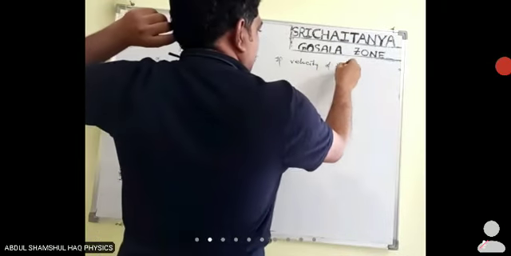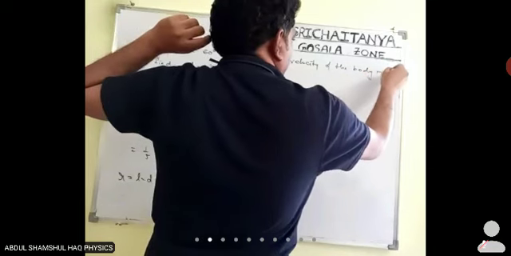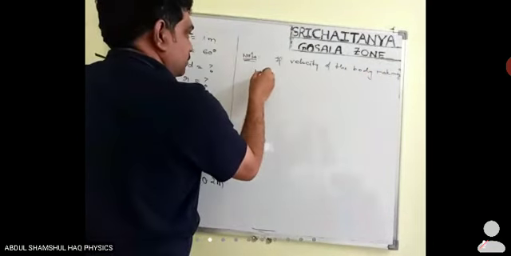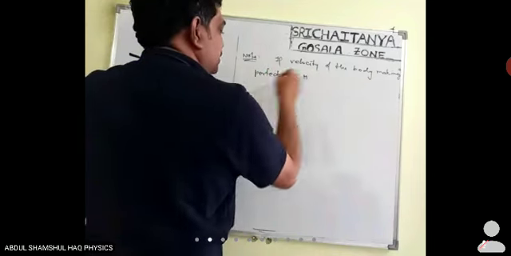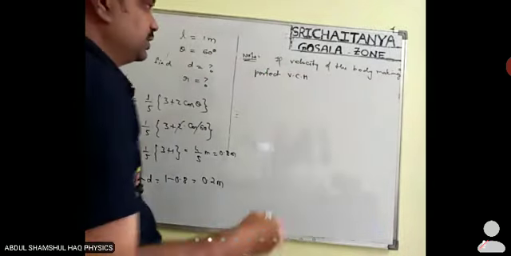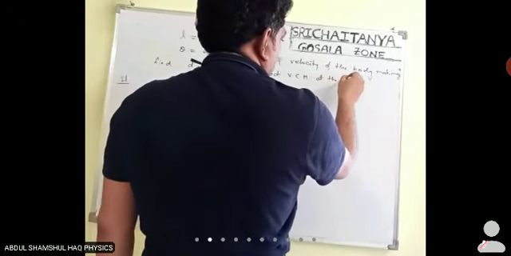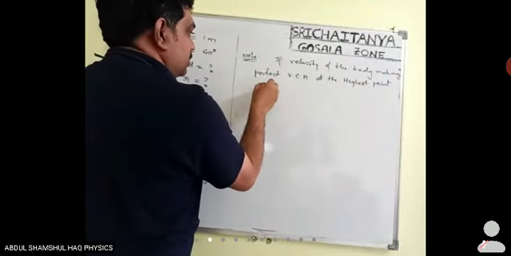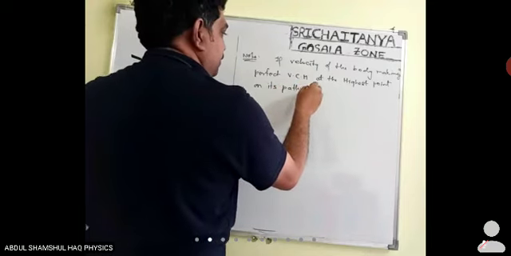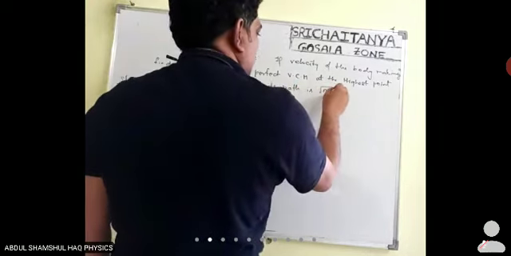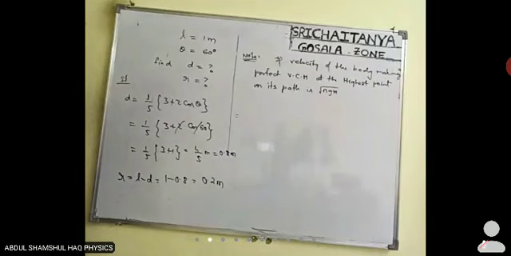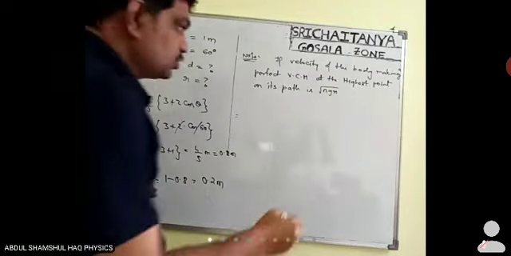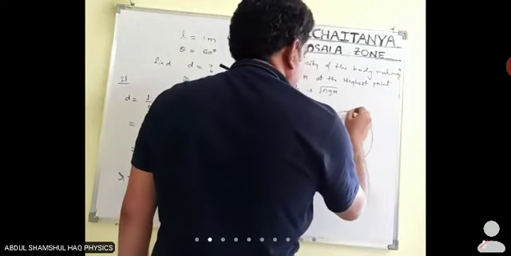If the velocity of the body making perfect vertical circular motion at the highest point on its path is root ngr, then our situation is like this one. Students, please try to analyze.